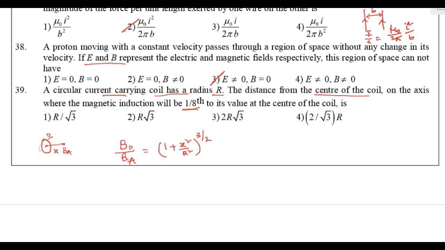The relation between them is B naught by B is equal to 1 plus x square by r square whole power 3 by 2. Given that B is 1 by 8 of B naught.